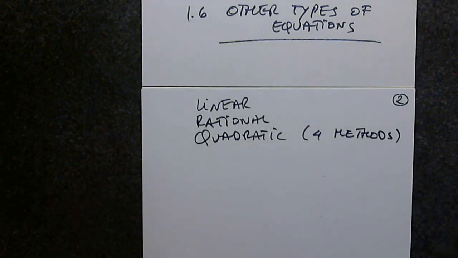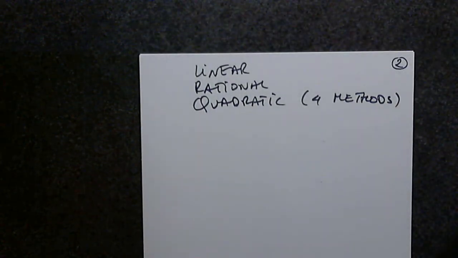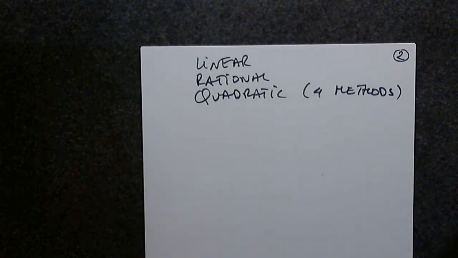The list will be 8, so we have 5 more to look at. And later on in chapter 4, we are going to add 2 more types. So for the entire semester, we're going to have 10 different types of equations to look at.